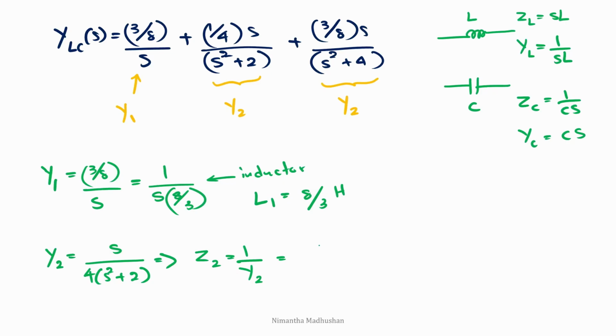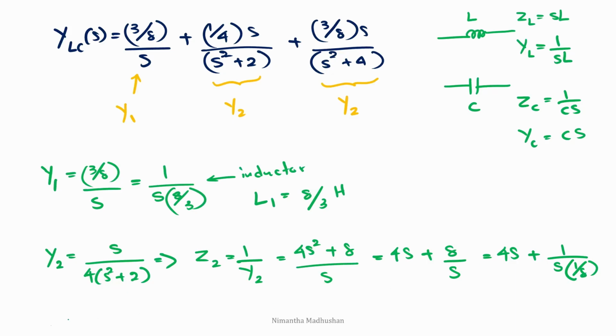It is equal to 4s squared plus 8 over s. Then we can divide by 2, and the 1s will cancel: 4s plus 8 over s. I rearrange this part: 4s plus 1 over s times 1 over 8.